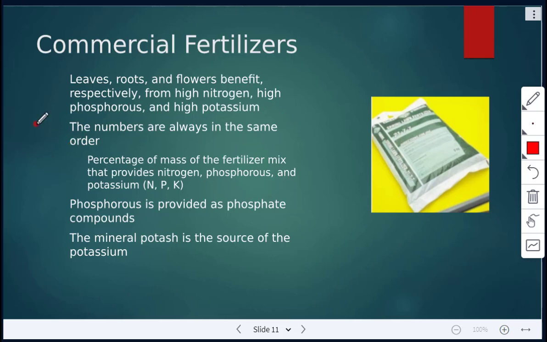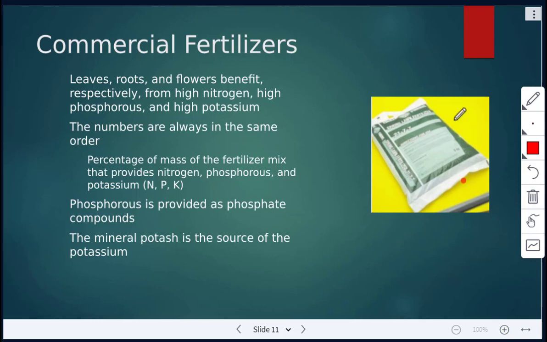The numbers are always in the same order. You'll always see it in that order: nitrogen, phosphorus, and potassium. That's the percentage of mass of the fertilizer mix that provides nitrogen, phosphorus, and potassium. So N for nitrogen, P for phosphorus, and K for potassium.